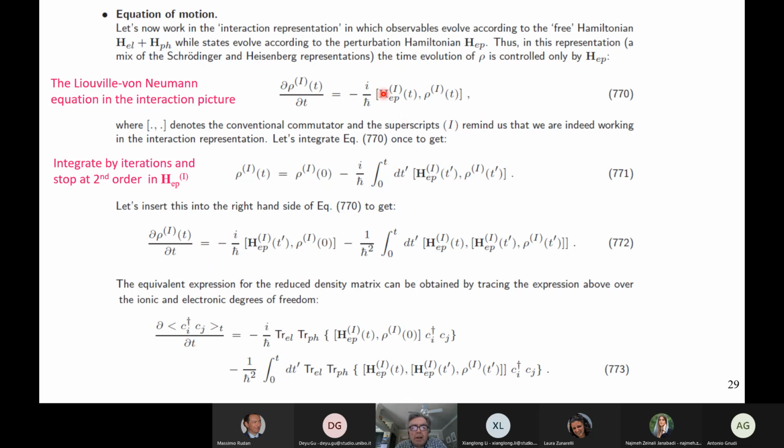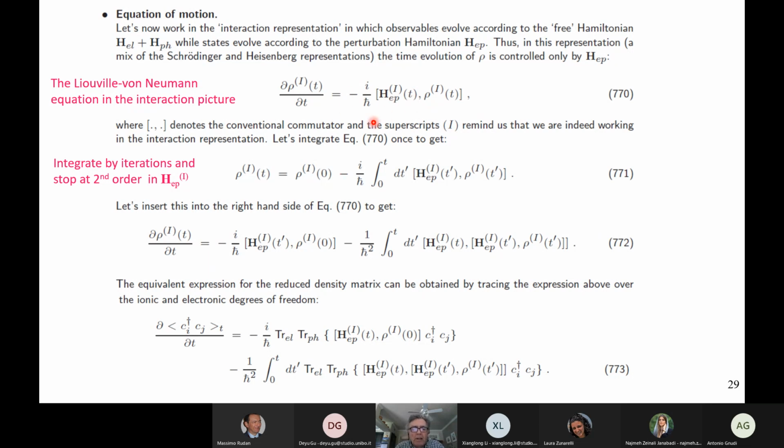So here I have the Liouville-von Neumann equation of motion for this density matrix in interaction picture, I have just the interaction, the electron-phonon, because the free Hamiltonian has already been factored out. The electron Hamiltonian is already accounted for by using the eigenstates i and j, and the phonon is because we're assuming they're decoupled, they're in equilibrium. So only the electron-phonon Hamiltonian comes in.